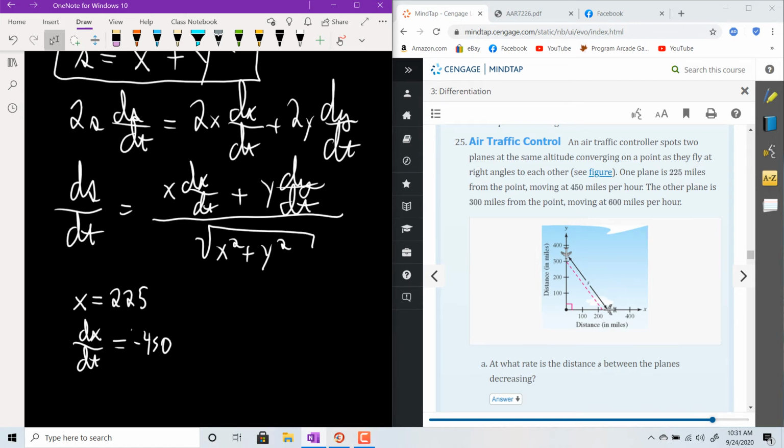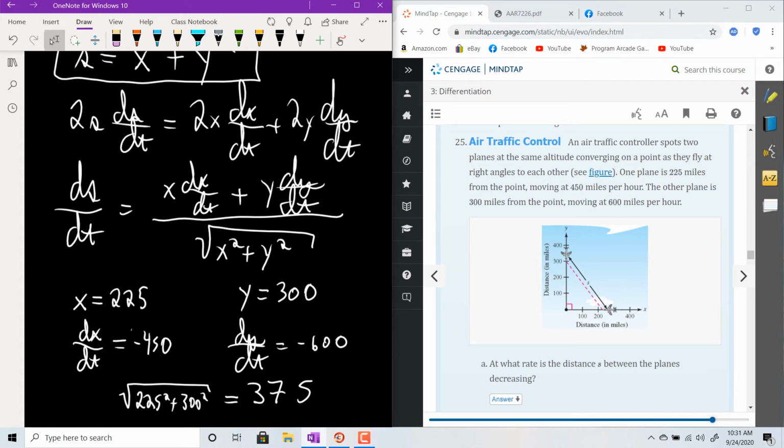Then the other plane is initially 300 miles out and its rate of change was 600, so I'll put negative 600. And then finally the s value, or in other words, the square root of x squared plus y squared, would be the square root of 225 squared plus 300 squared, which will equal 375.